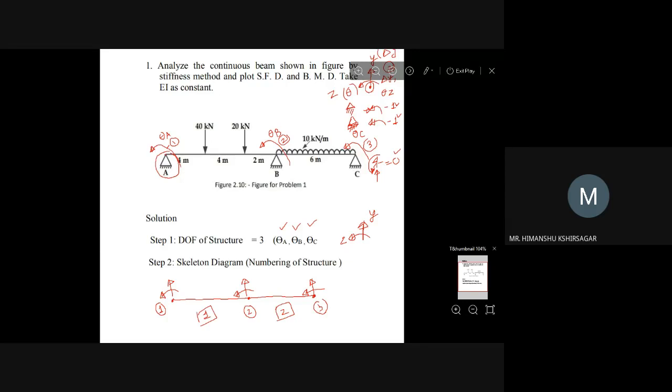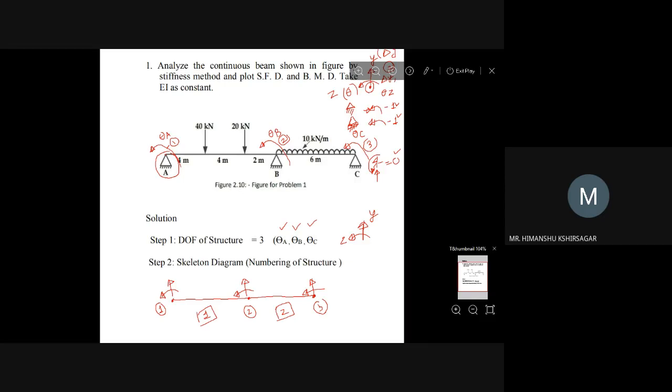As the degree of freedom of this structure is 3, first you give the coding to the free direction and then to the restraint direction. First assign a number to the free coordinate and then to the restraint coordinate.